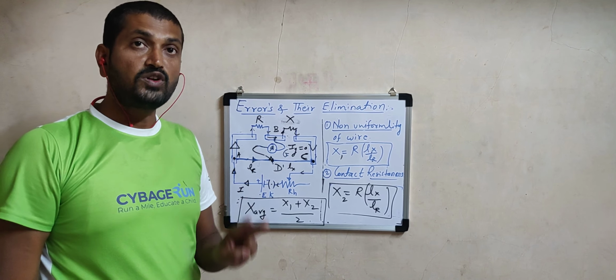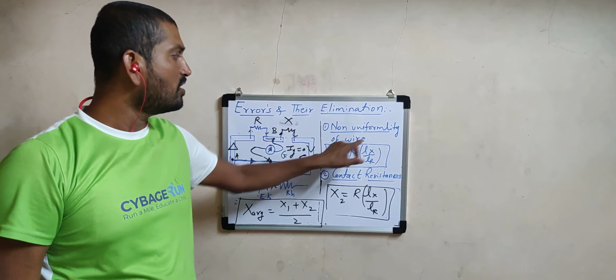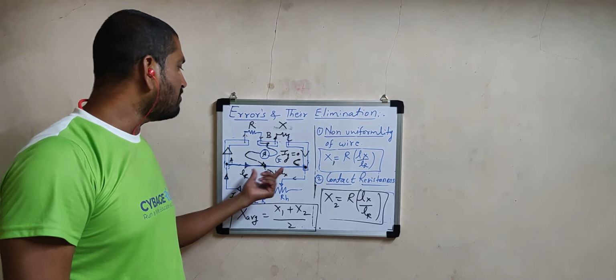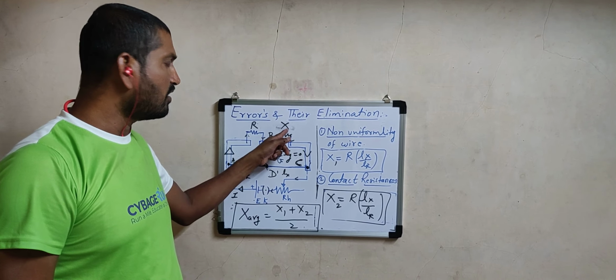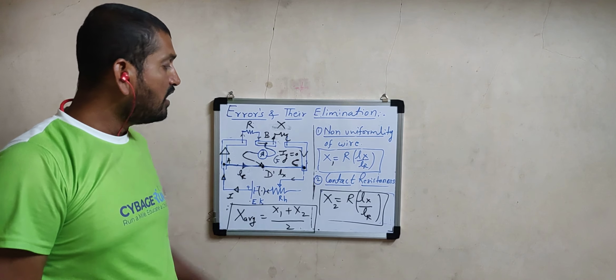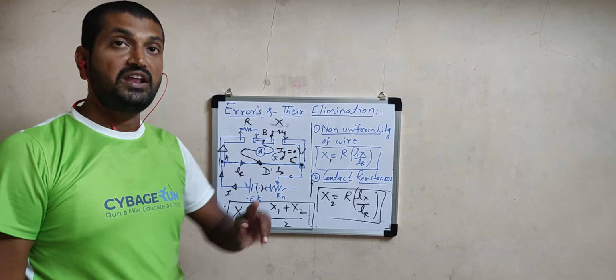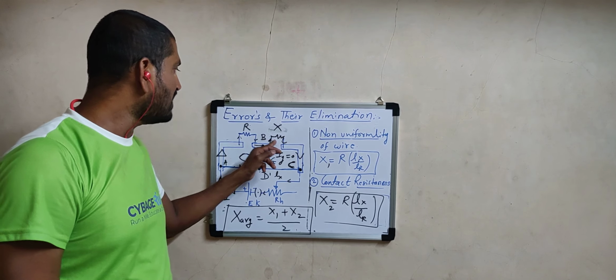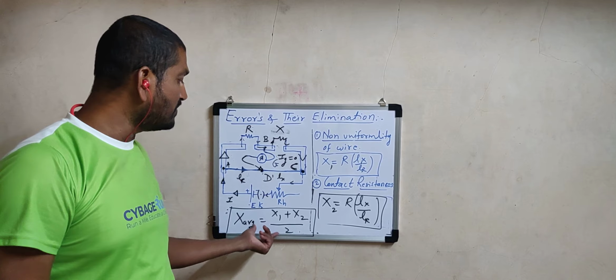So these are the two possible errors in this meter bridge experiment. The first one is non-uniformity of wire, which can be minimized by selecting the resistance in the known resistance box so as to get the balance point almost in the middle of the wire. And the second error, contact resistances, can be minimized by repeating this experiment with exchange of these two resistances, and lastly finding the average of the two.